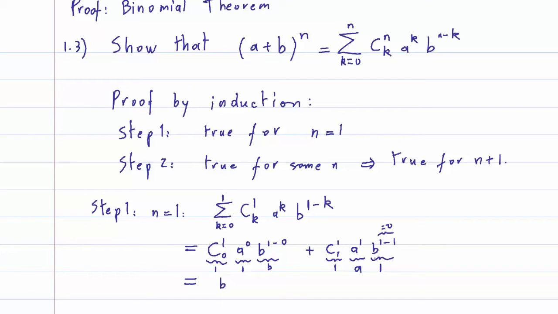Anything to the power of 0 is 1. So we have b plus a, and this indeed is equal to (b + a)^1. So we finished step 1. We prove that (a + b)^1 is equal to this sum here.